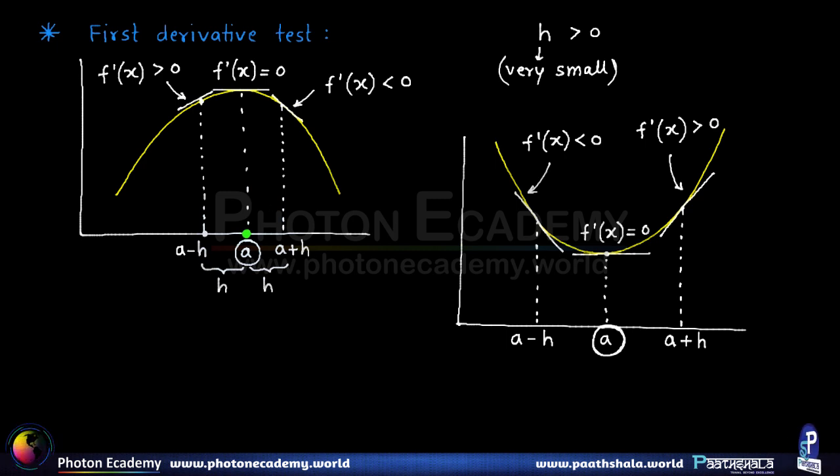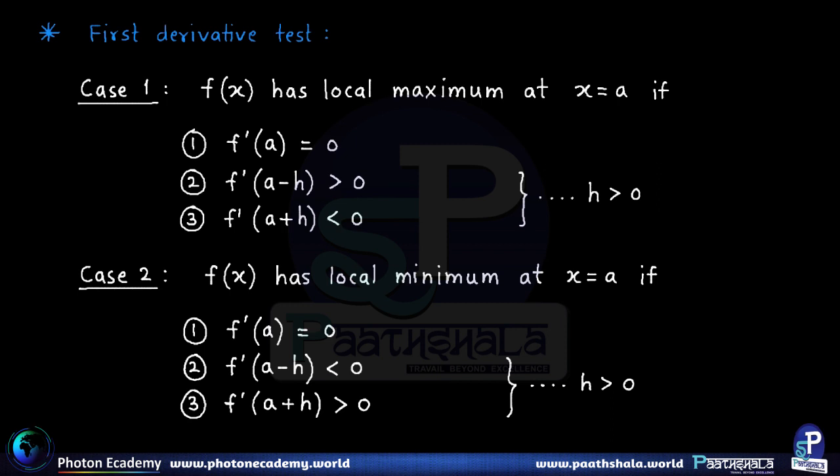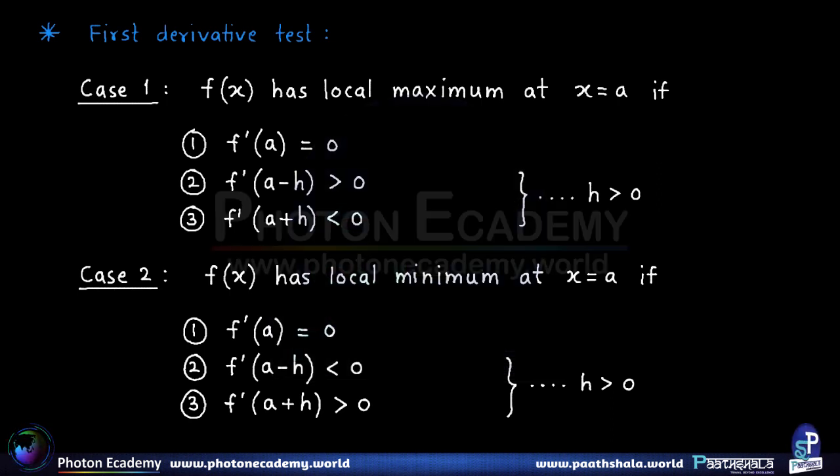So here we summarize the rule for the first derivative test. In the first case, f of x has a local maximum at x equal to a if f dash of a is 0, f dash of a minus h is greater than 0, and f dash of a plus h is less than 0, where h is some small positive number.